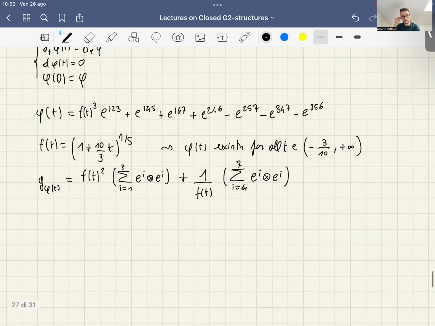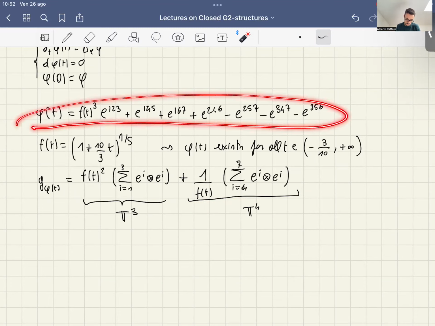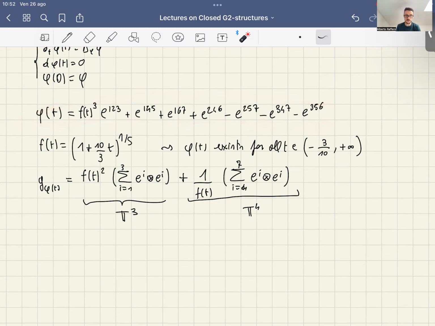And so you have this kind of splitting of the metric that involves what's going on on the base of your fibration and on the fiber of your fibration. In particular, in such a case, the fibers will collapse as time goes to plus infinity. And in any case, you do not have the convergence of this closed G2 structure to any torsion-free one, as torsion-free G2 structures do not exist on the compact manifold for topological reasons, as we said yesterday.